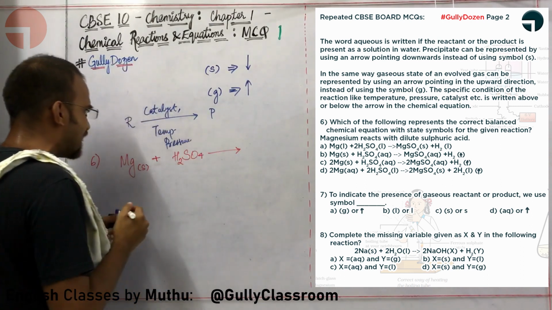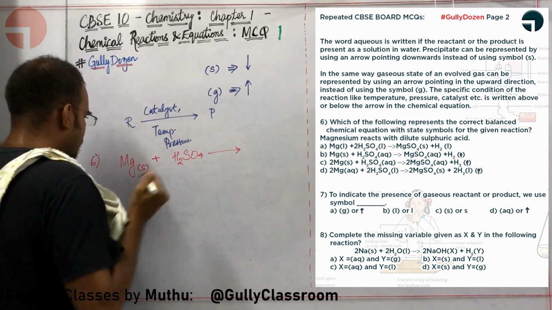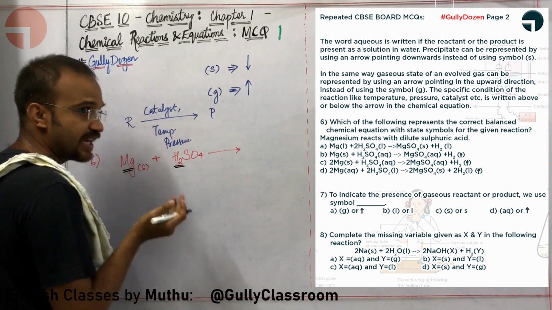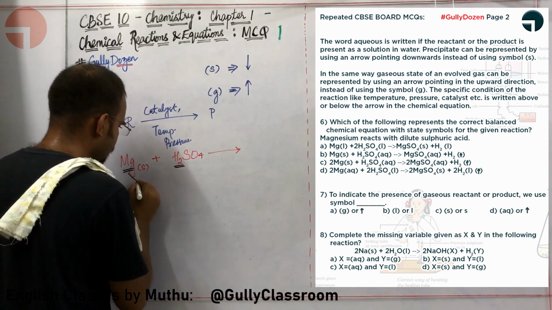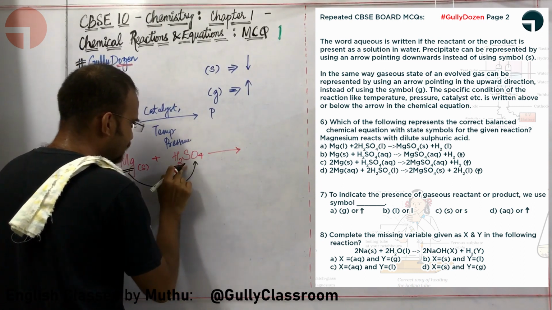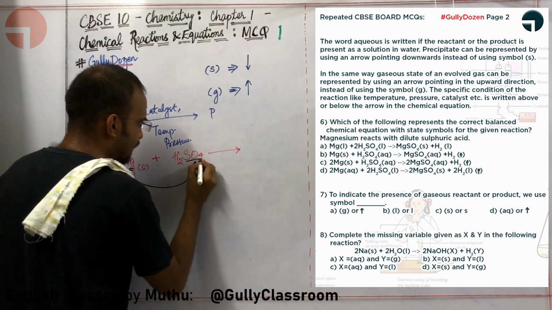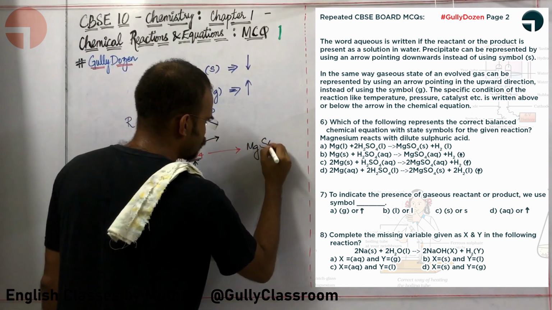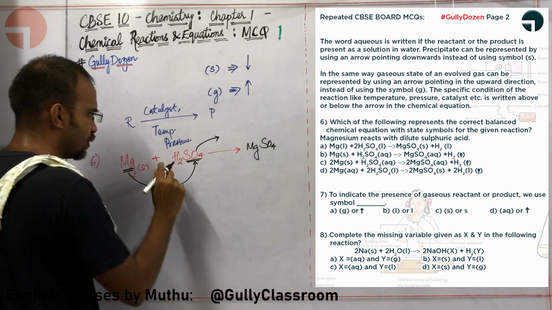Okay, now what is happening here? Magnesium is more reactive than hydrogen. A single displacement reaction is going to take place. Magnesium will come here, fight with hydrogen, take SO4 and go out. You will get MgSO4.